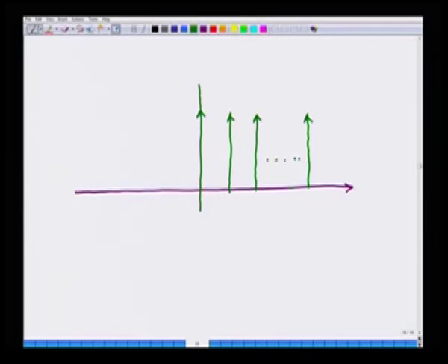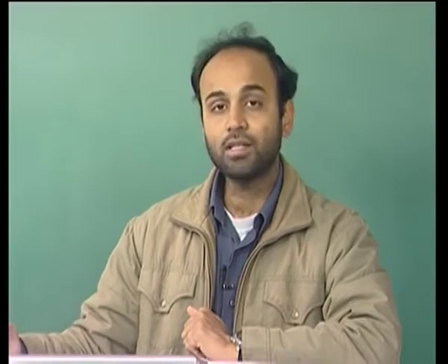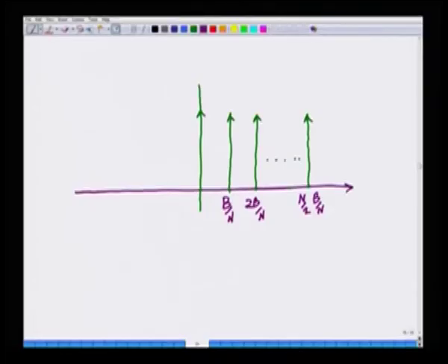So, I have a two-sided bandwidth B. I am going to divide this into multiple carriers at spacing B over n. I am going to divide it into multiple subcarriers. Precisely how many carriers are there? There are n carriers.